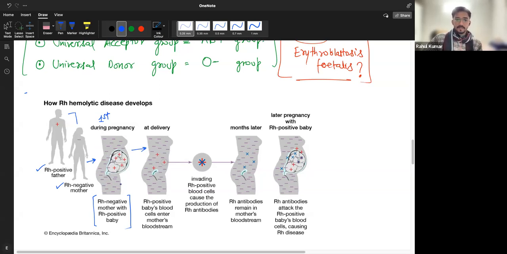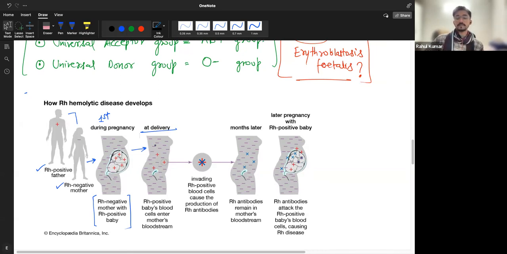Now, at delivery, especially during natural deliveries, the placenta gets broken, it scrapes off as it comes out, and during that breaking down of the placenta, some of the blood vessels get ruptured inside the mother's uterus.